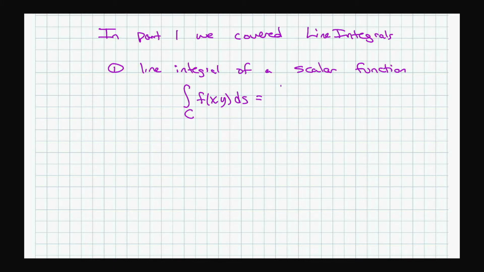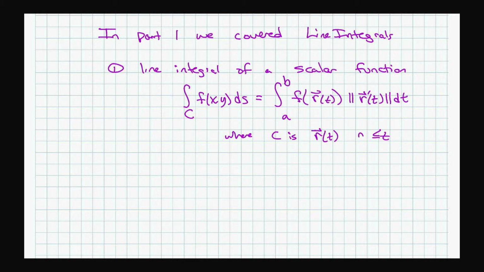When you unpack that, you make an integral from a to b of f of r of t, your parameterization of the curve, and then ds was the magnitude of r prime dt, where C is given by r of t, for t between some a and some b.